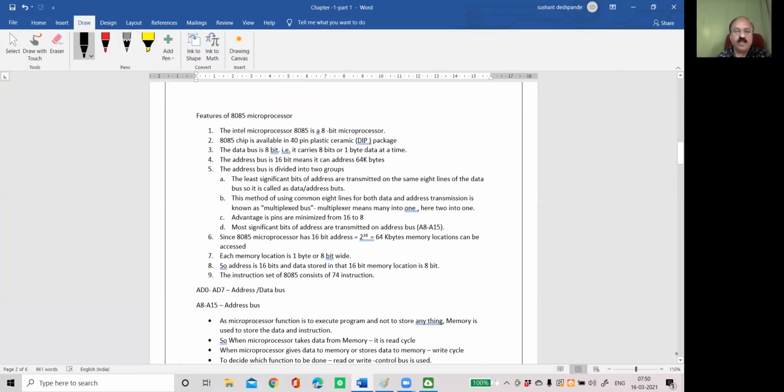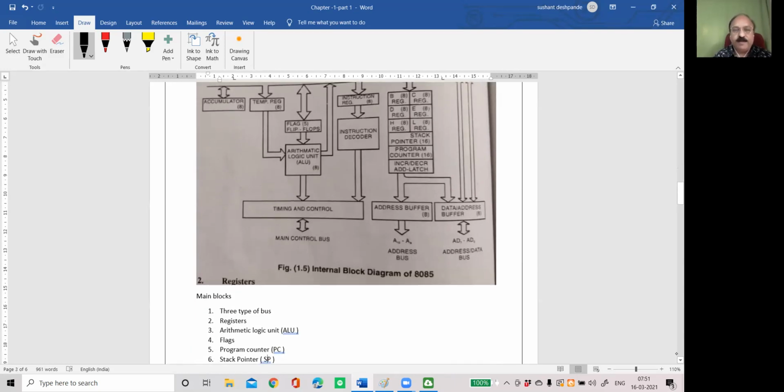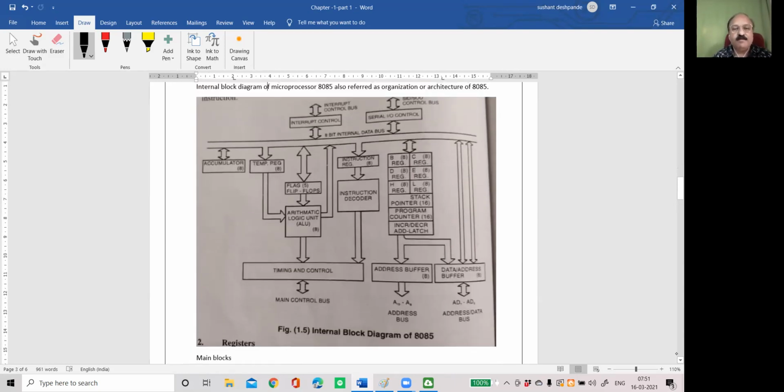You can go and read it. Now, let's move ahead and see in detail the architecture of microprocessor. This is called as architecture of microprocessor. Let's look at it, I will give you 1 or 2 seconds. Let's observe this particular diagram, and then I will discuss about the architecture of microprocessor.